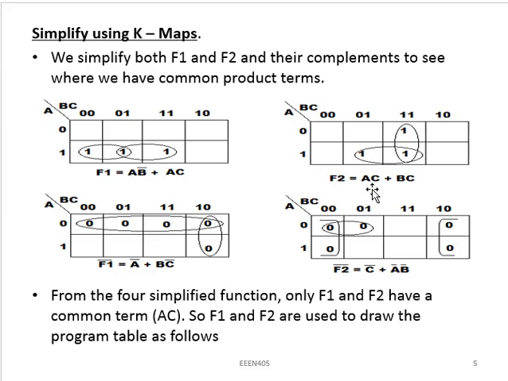Therefore, we can eliminate 1, meaning the product terms should be 1, 2, and 3. This one should not be repeated. So if that's the case, it means the condition we are given to use only 3 product terms is satisfied now. So I'm going to make my implementation using f1 and f2, the real values.